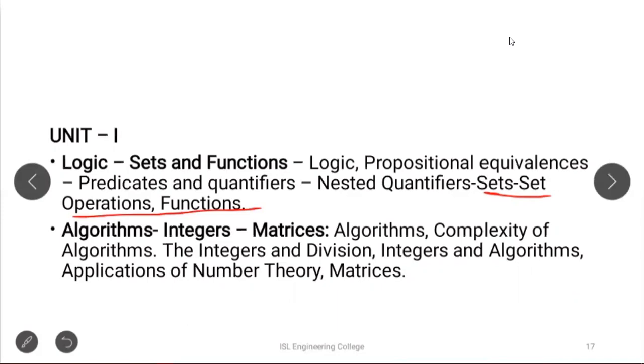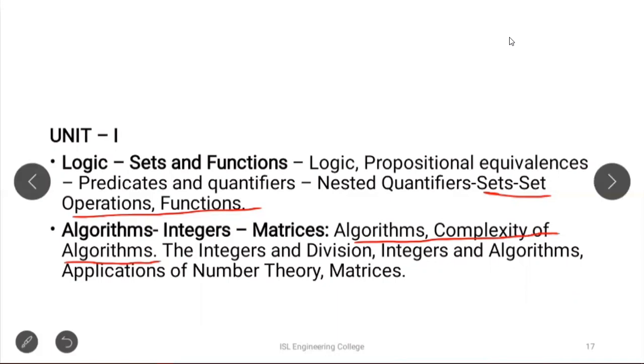The only difference is we'll learn how to apply this topic in computer science. Also, algorithms have been covered in C programming, and we'll learn how to connect the algorithms with real-time problems.